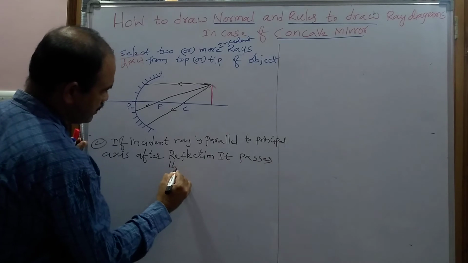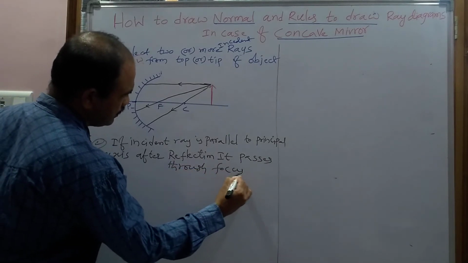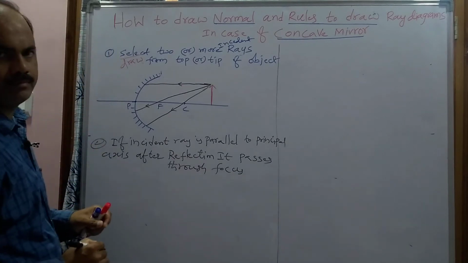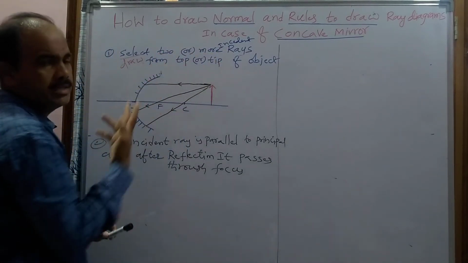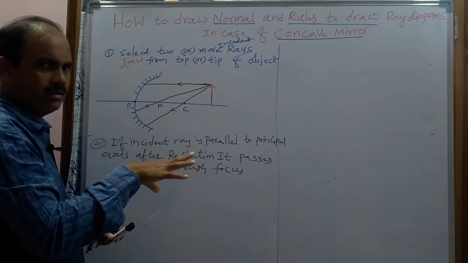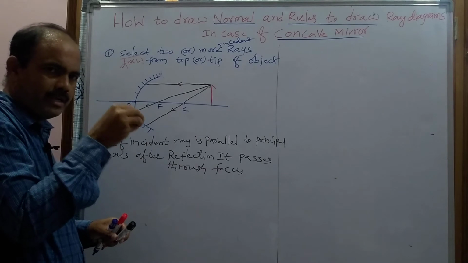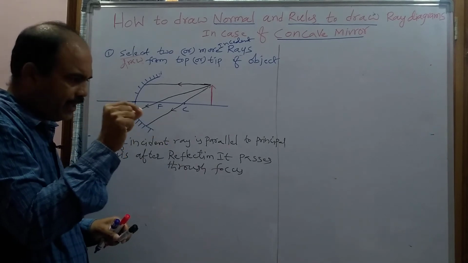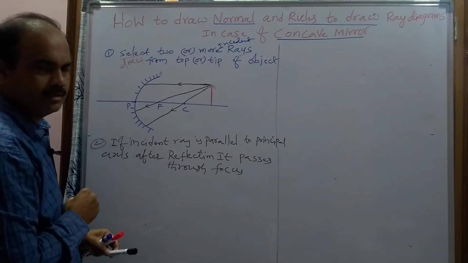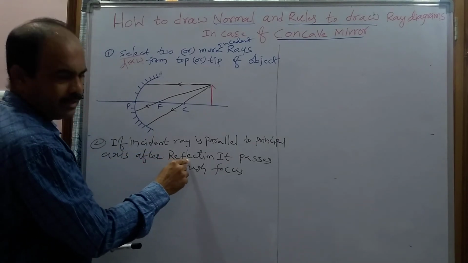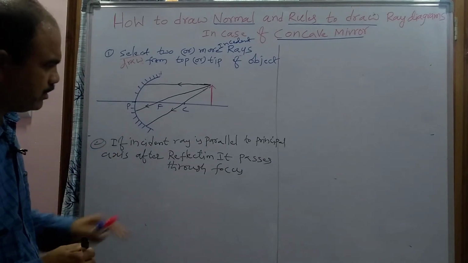This is the second rule. So what I said, you have to draw 2 or more incident rays. If you select some rays, and in those rays any ray is parallel to principal axis, then after reflection it must pass through the focus. The reflected ray will pass through focus.